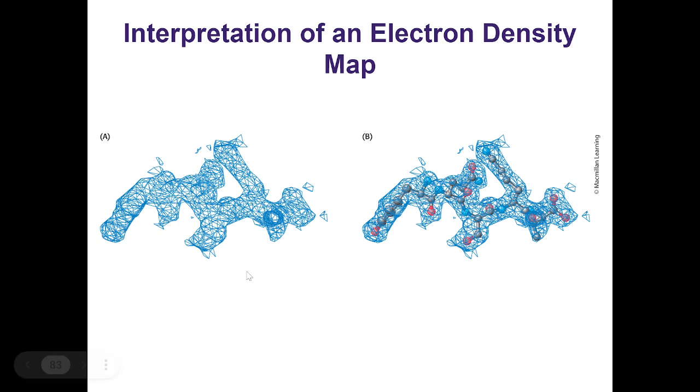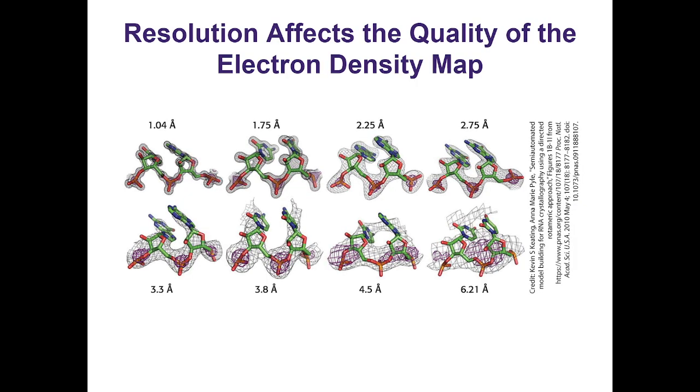Now, if we start assembling the amino acids within this, this is what it would look like for the backbone. Okay? Now, this is not something we actually get from experimental data itself. Okay? This is just matching the experimental data we got to what we think it looks like.